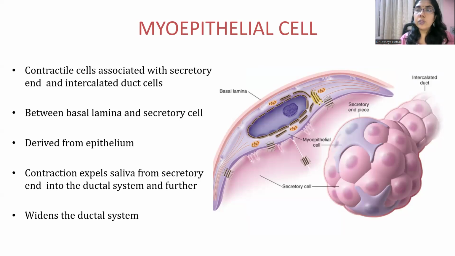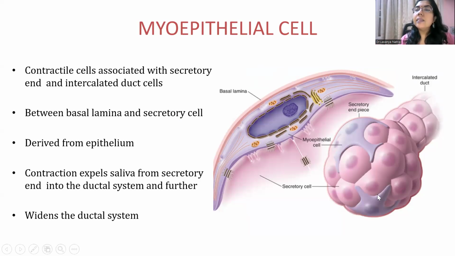And finally, one more cell in the salivary gland, that is the myoepithelial cells. As the name mentions, myo means some form of contraction, muscle nature is there. So these are the contractile cells that are associated with the secretory unit and the intercalated ductal cells.